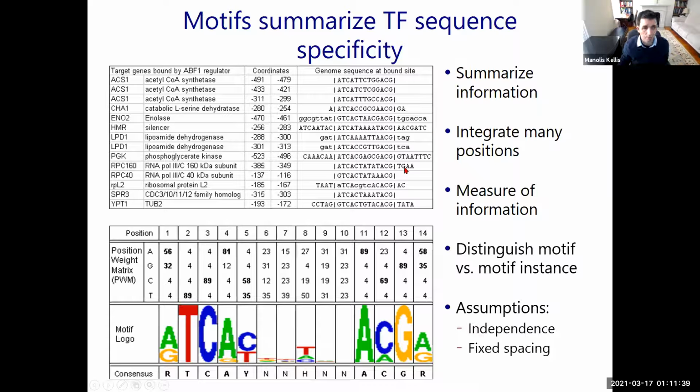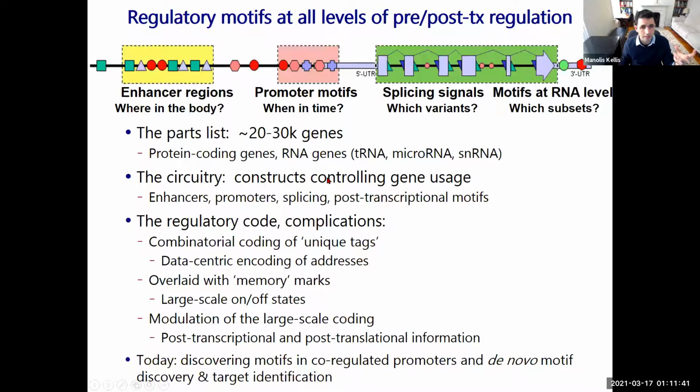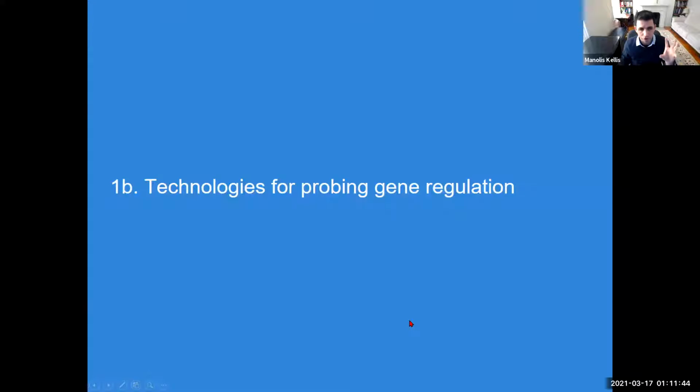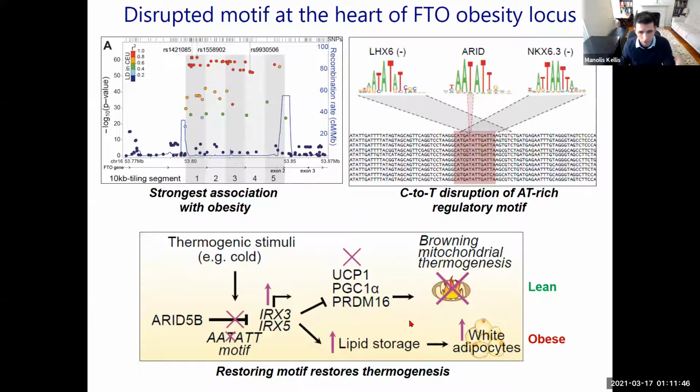So we're going to be learning these parts list, and these are at the basis of much of these DNA sequence variations underlying human disease.